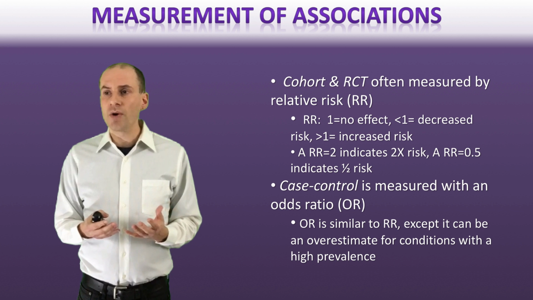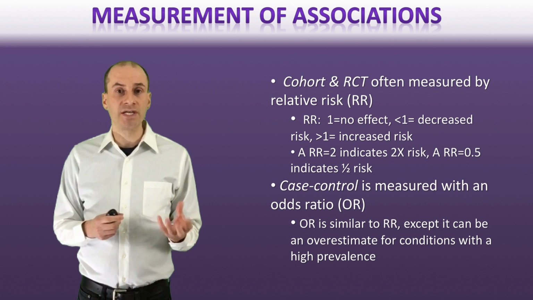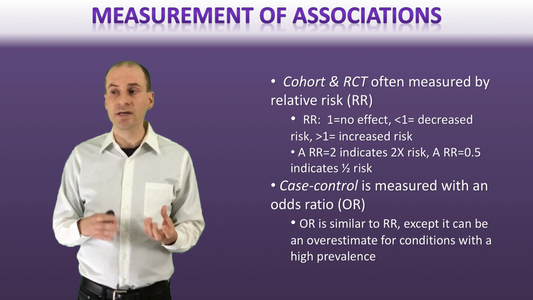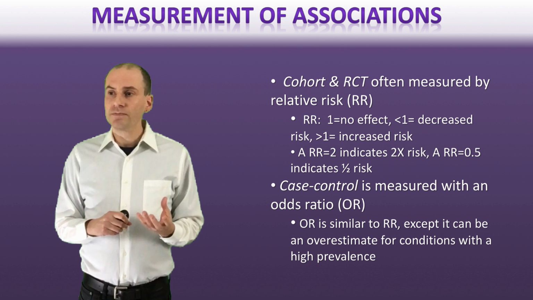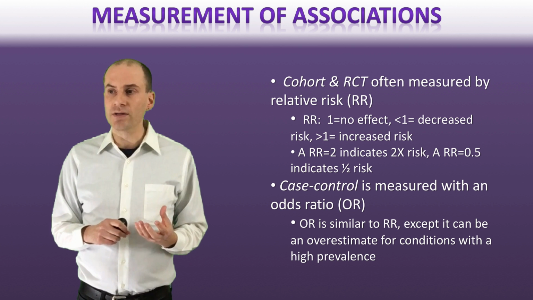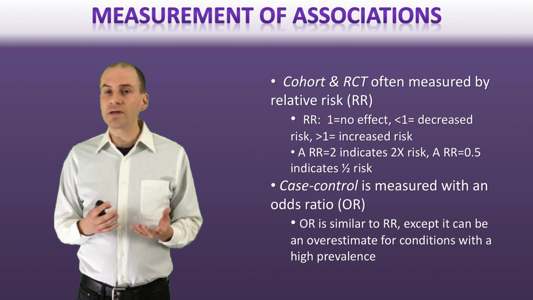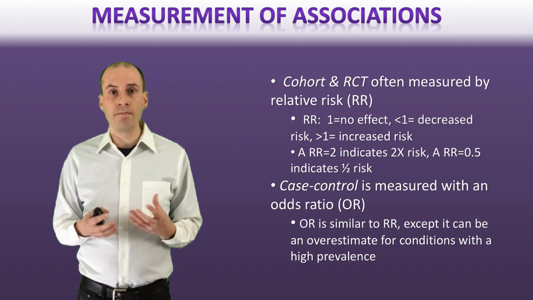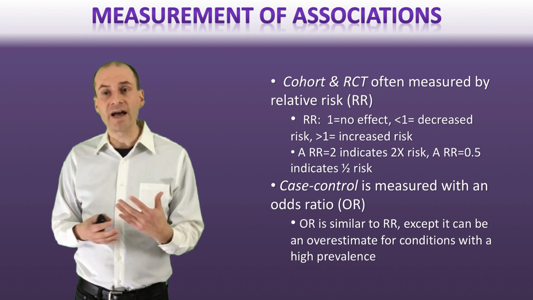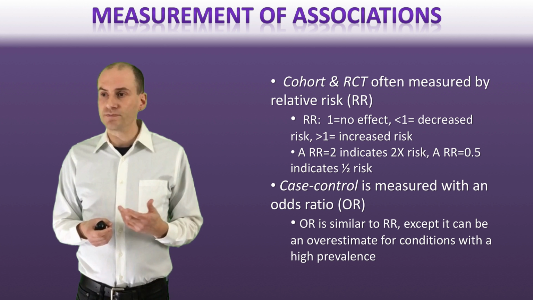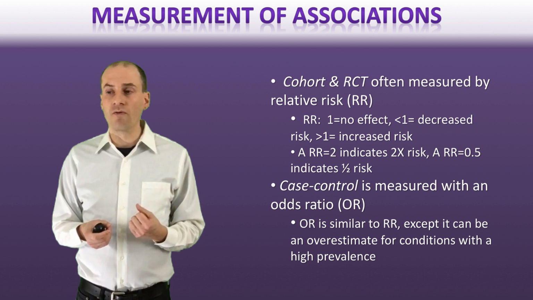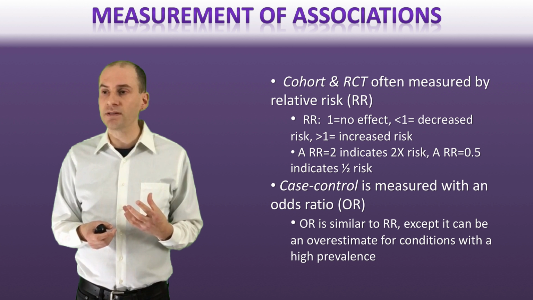All right. So how do we measure these associations between a potential contributory cause and an effect? Well, cohort studies and randomized controlled trials usually measure this using what's called relative risk. Relative risk is essentially a statistical measure that looks to see how big of an effect is going on. Here, a score of 1 means that there's no effect going on.